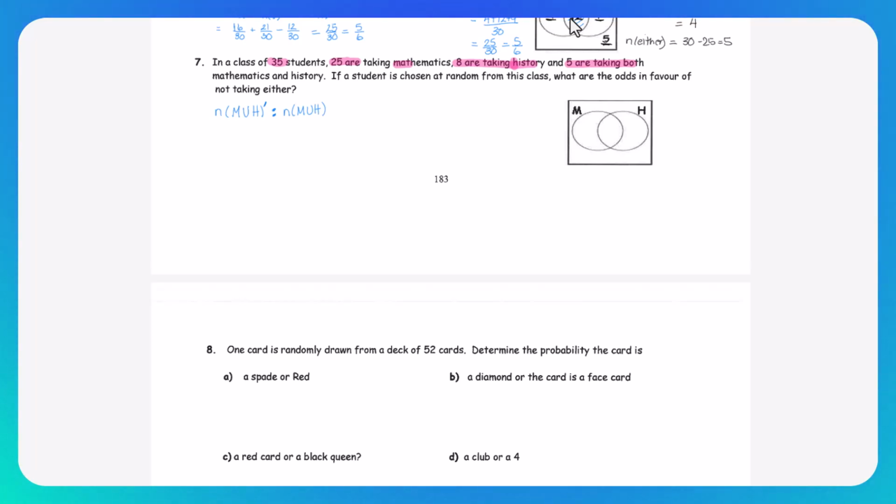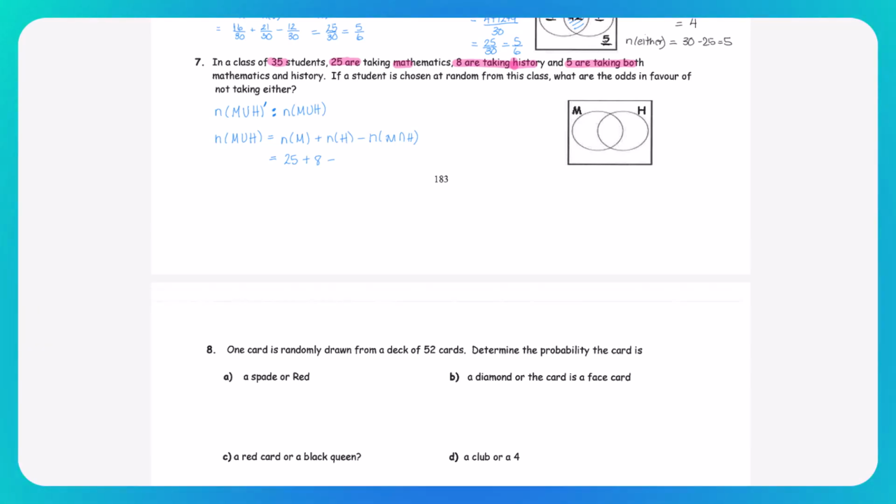Well, because we've been given how many are taking each subject and how many are taking both, we can actually determine the number of M union H by determining the number taking M with the number taking H and subtracting that overlap region of M intersecting with H. Well, the number taking M is 25. The number taking H is 8.